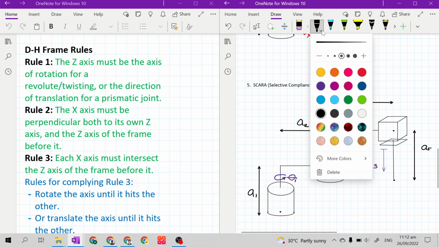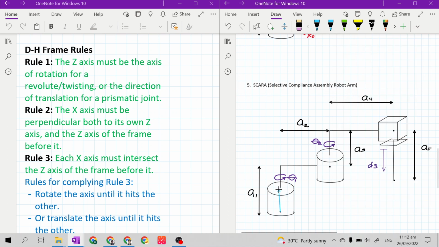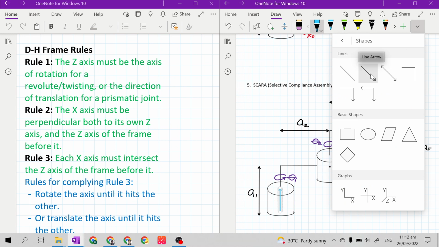Let's go to color light blue for our z-axis. This is the axis of rotation for the first frame.